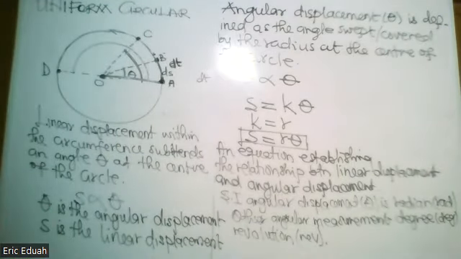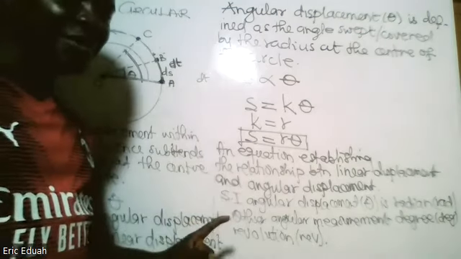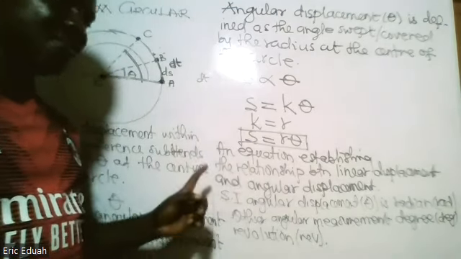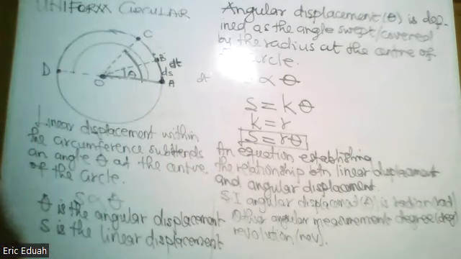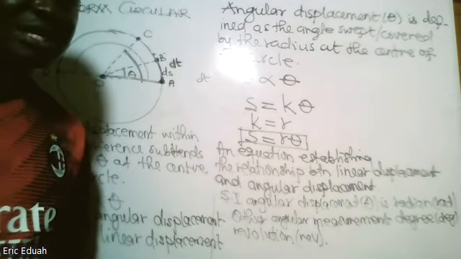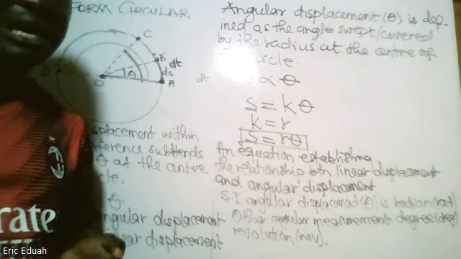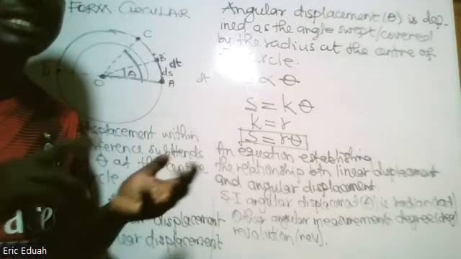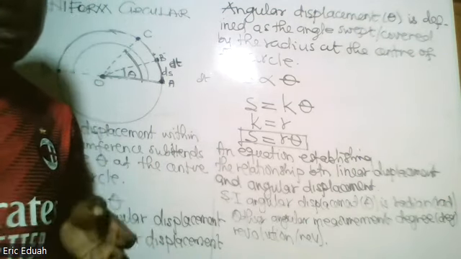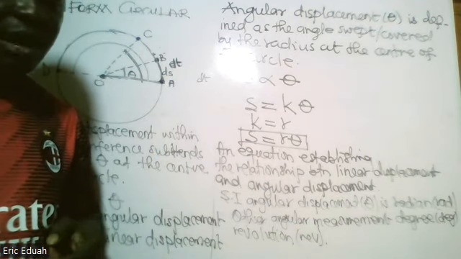The SI unit is radian, but other units can be degree and revolution, just as in measurement of length, the SI unit is the meter, but we can have the centimeter and then the millimeter. Are we okay?